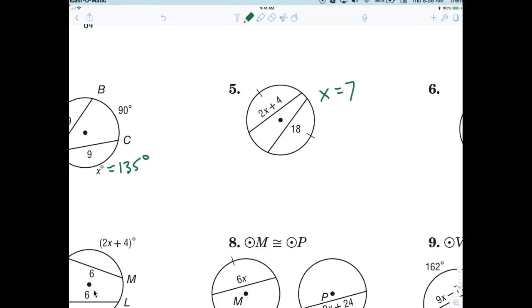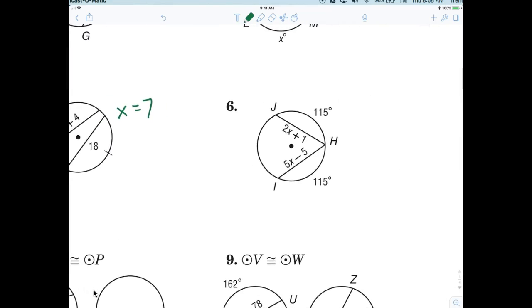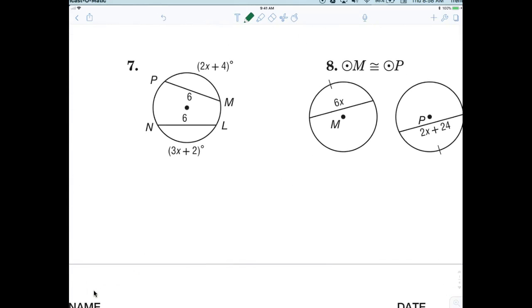Everybody good? Any questions? All right, 6. Come on, mental math. X equals what? X equals 2, right? Any questions with that? All right, question number 7.